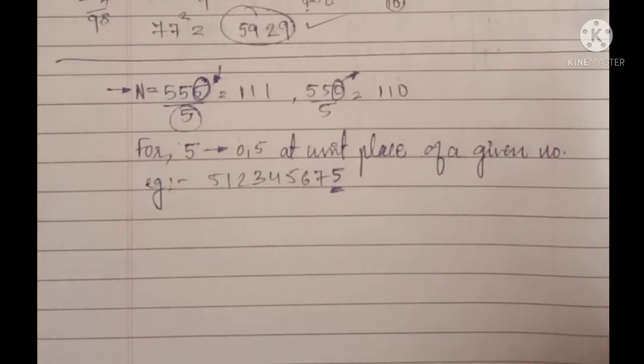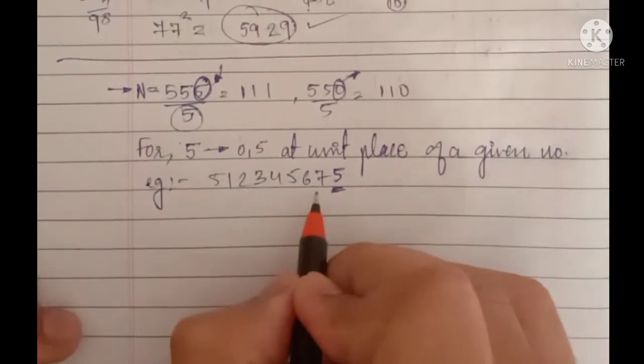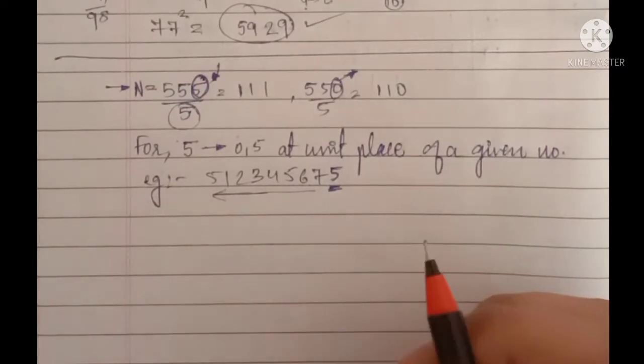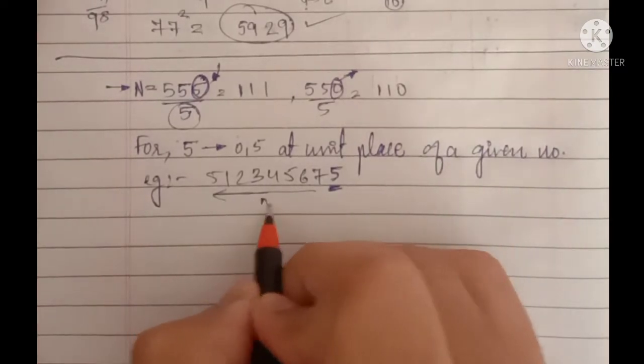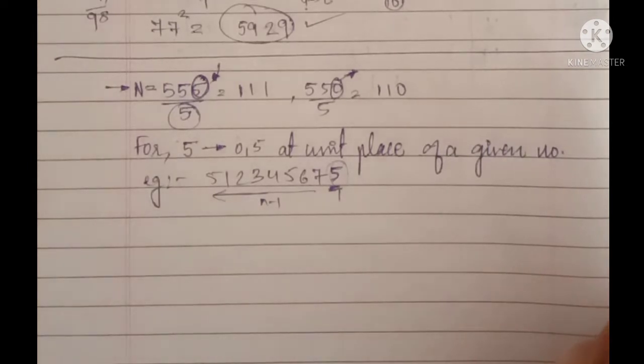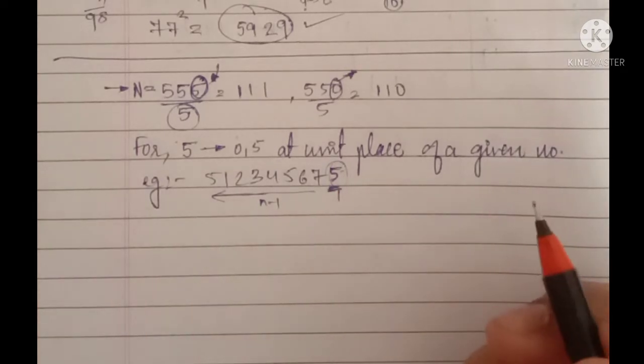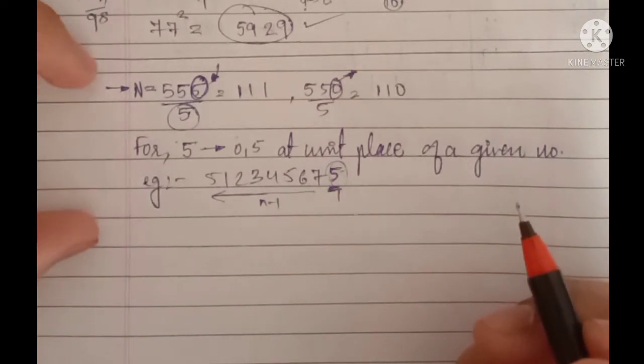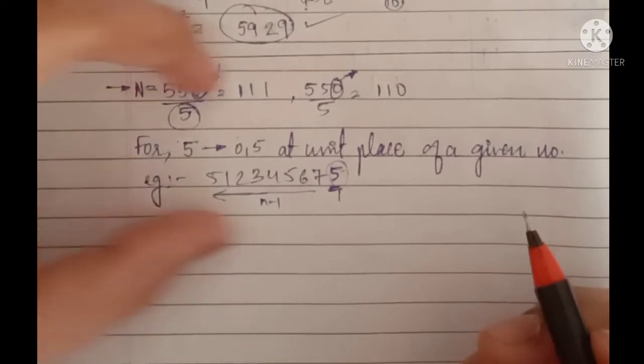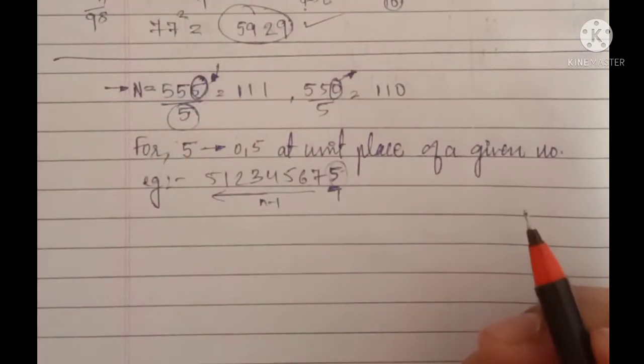We only need to check the unit digit, no matter how big the number is. Clear? So this whole number, n minus 1 digits plus this one, we focus on the unit digit, that is 5, so this number is divisible by 5. Even if it was 0, we could directly say so. This concept is for 5.